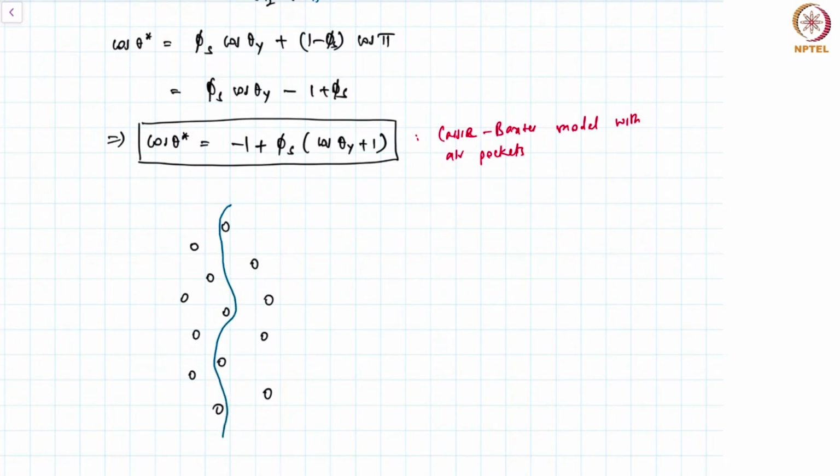Now these little circles that I've drawn could be tiny holes on the surface where the contact line certainly cannot be at that location, or they could be tiny beads that are placed on top of the surface. In such a case, if you look at it macroscopically, it may appear like a smooth contact line, but if you zoom into the region near the contact line, then the contact line will certainly meander.